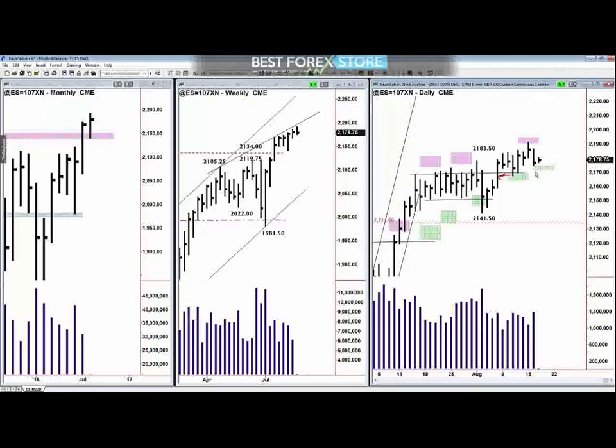Obviously, if it starts closing down below today's low, then that's a suggestion of supply coming in. And then if that's the case, we'll look for a bigger pullback, maybe down into the 2130, 2140, 2134 level. That's a possibility.